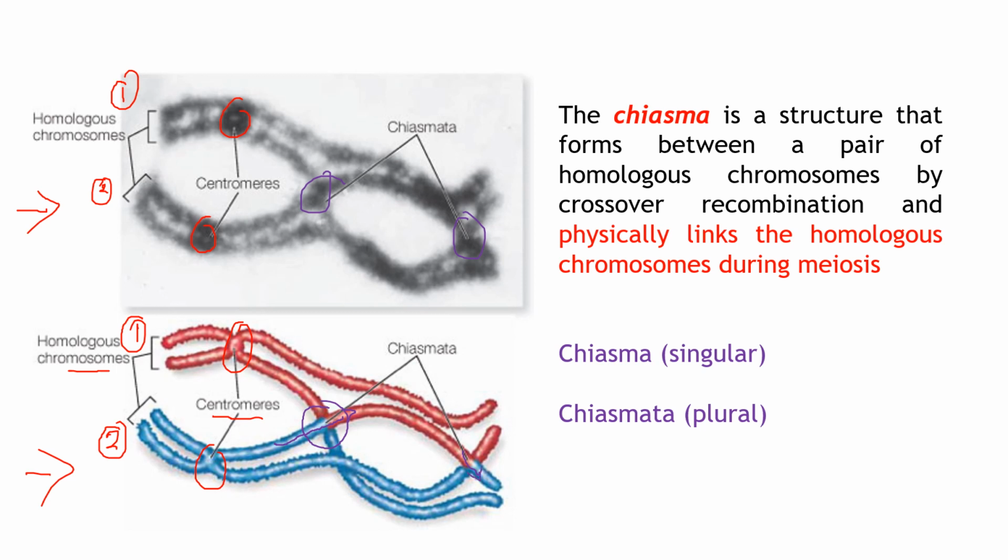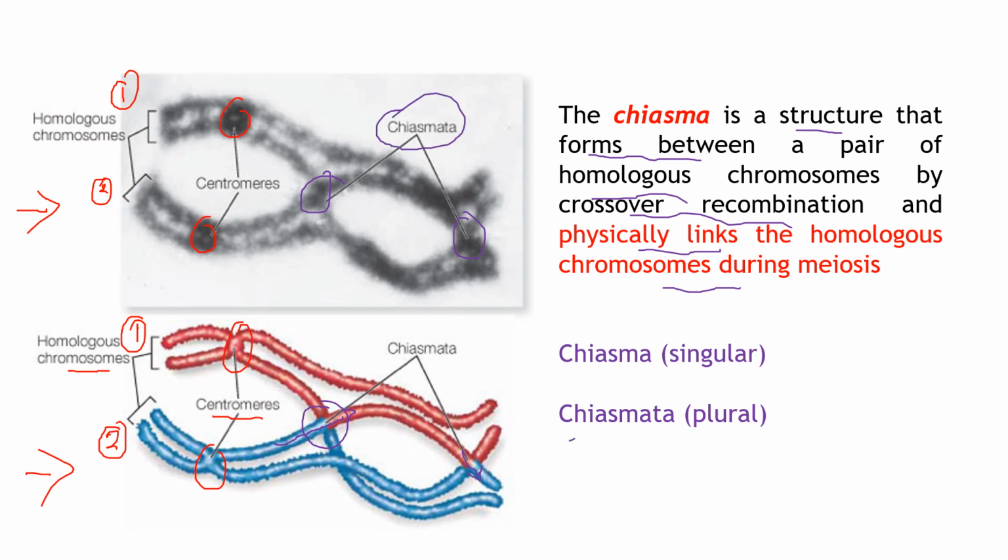So what happened here is that between homologous chromosomes, a structure formed through recombination, and this is a physical link that occurred during meiosis. Here you see this word chiasmata.